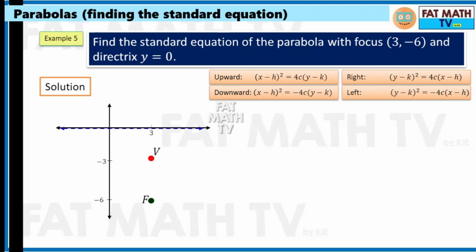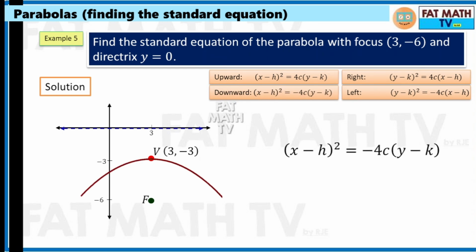So the vertex is at 3, negative 3. So we're okay with the vertex because we need the vertex. Where if that's the position, where does the parabola open? It opens downward. And its standard equation is x minus h squared equals negative 4c times y minus k.